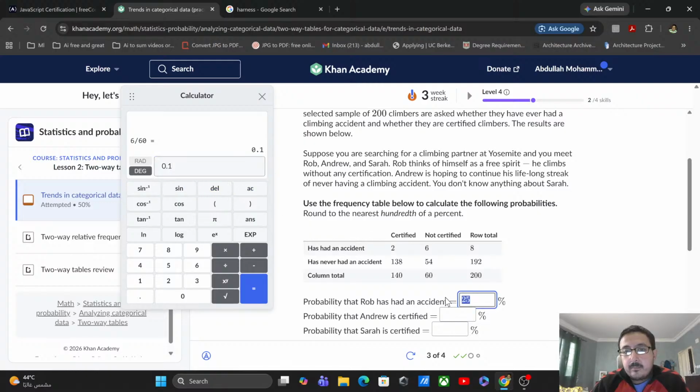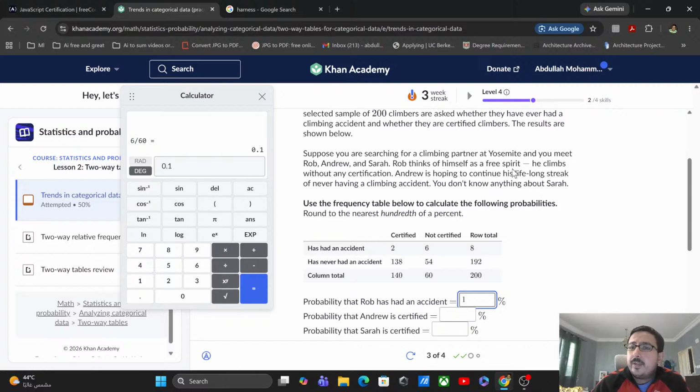1%. Okay, so again, Rob has had an accident. He is not certified though. We know that he's not certified. So 1%.